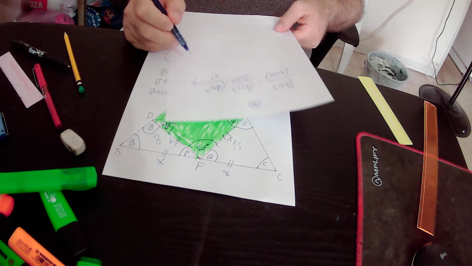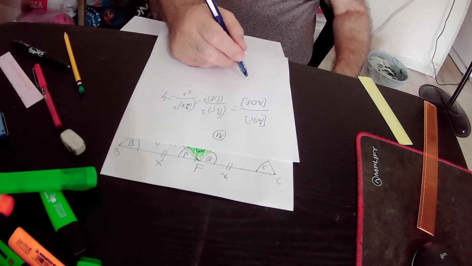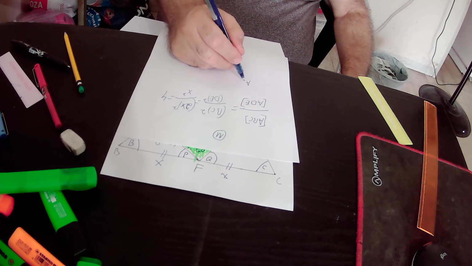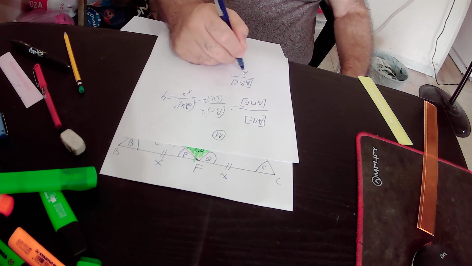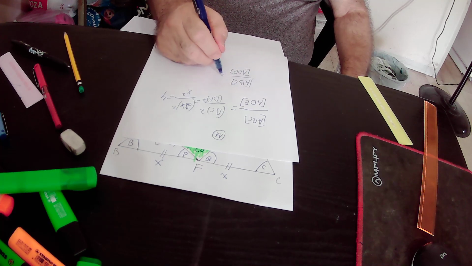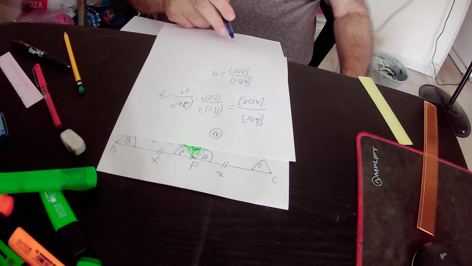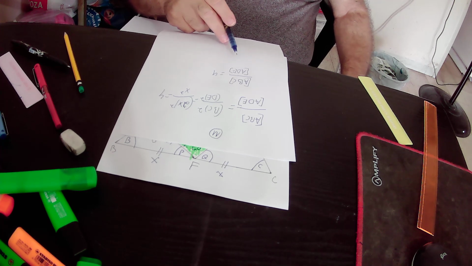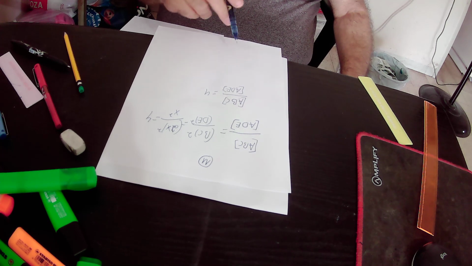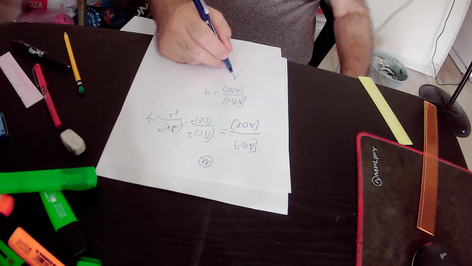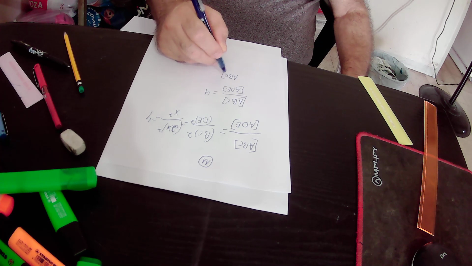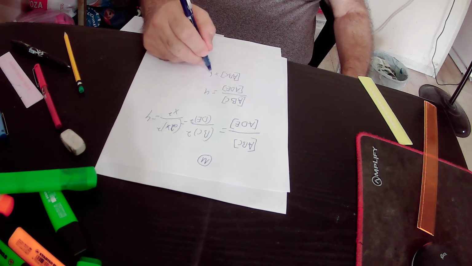So the ratio between the area of triangle ABC and the area of triangle ADE is equal to 4, or if we multiply this equality by the area of triangle ADE, we get that the area of triangle ABC equals 4 times the area of triangle ADE.